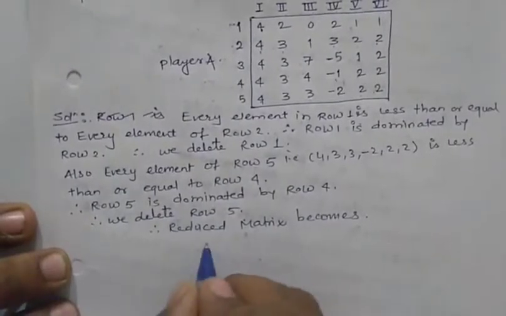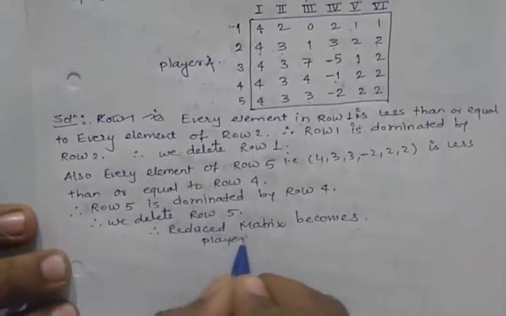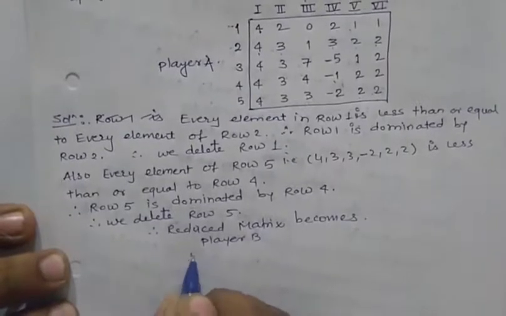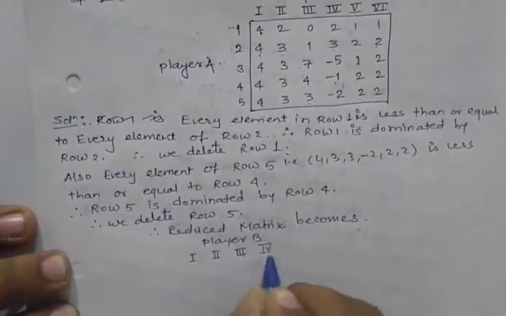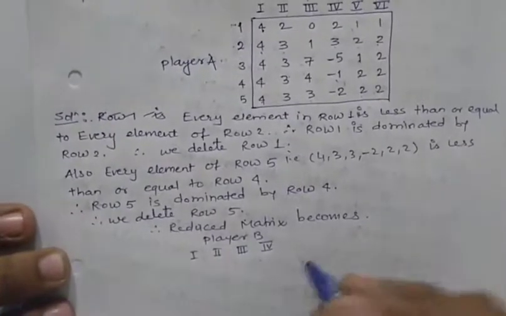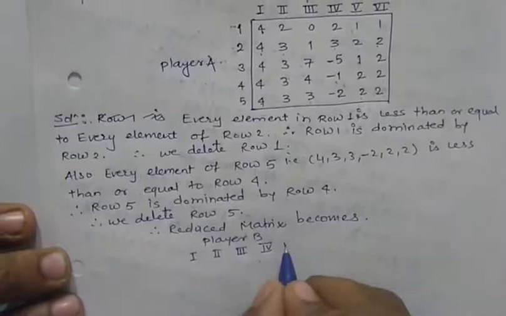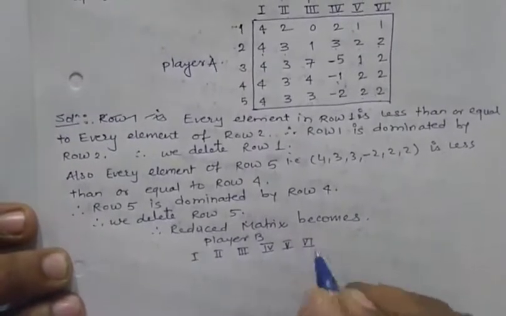So this is player B having strategies 1, 2, 3, 4, 5 and 6.